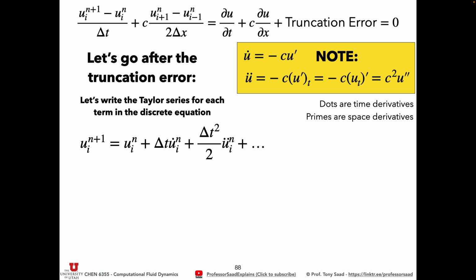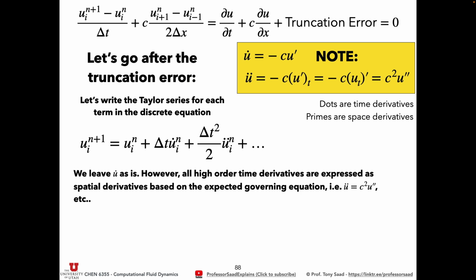I don't need them because that will be sufficient for me. Now for the modified equation analysis to work, you will only need to leave u dot as is, or the first time derivative, because all our differential equations have a first time derivative. They're of the form du by dt equal a bunch of spatial derivatives, right? So you leave u dot as is.